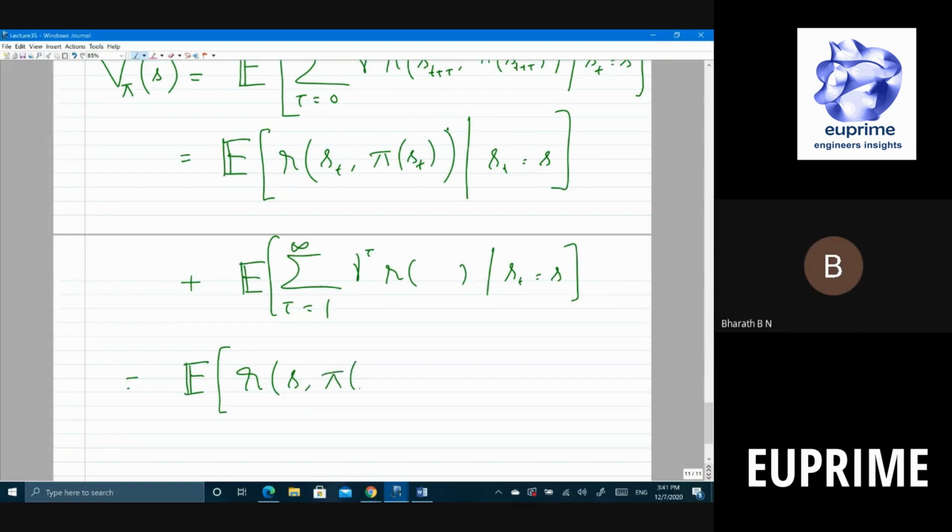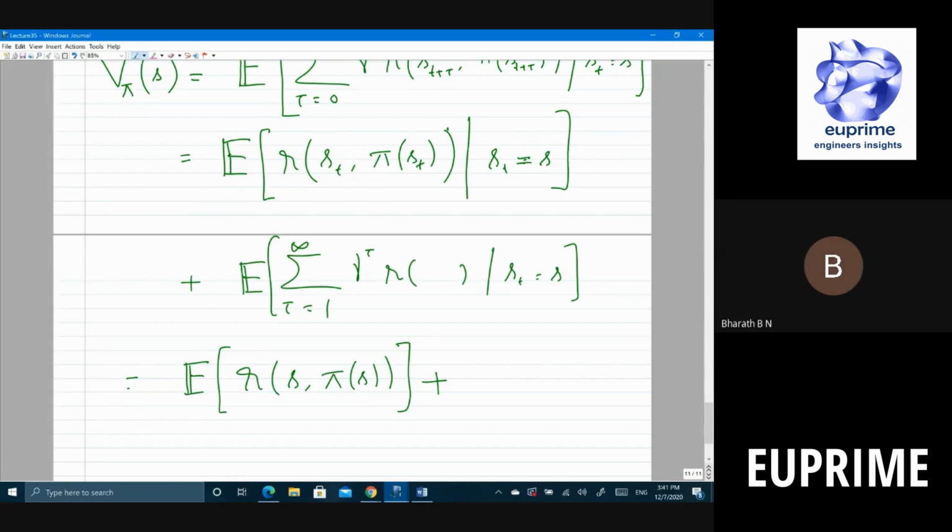This is pi of S. So S and pi of S are independent of what happened at s t. So this is the average reward that you get. Being in some state, the reward is independent of what happened before, and of course I have conditioned on S, you have this reward.